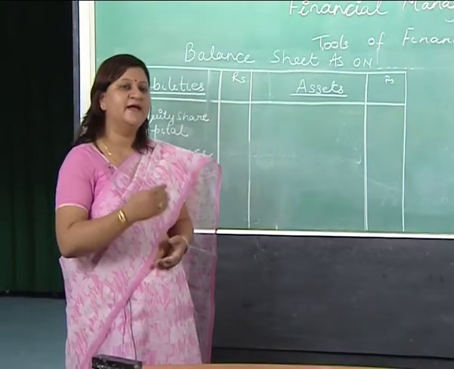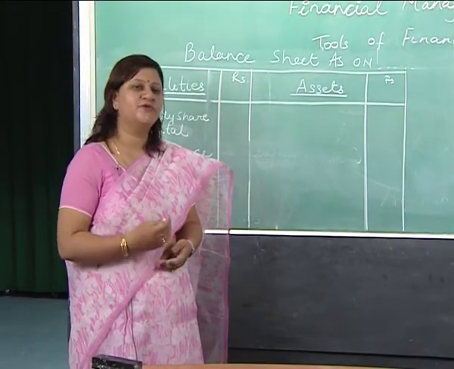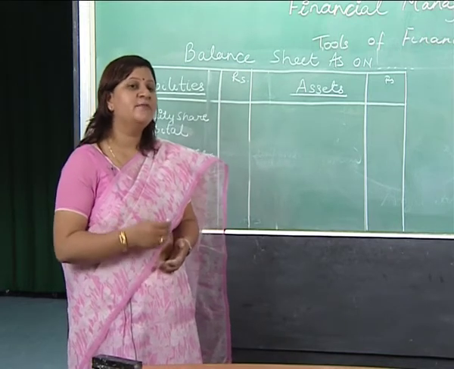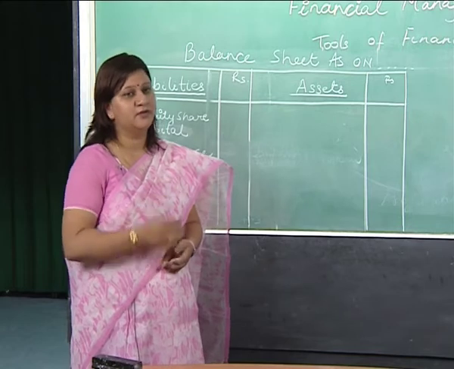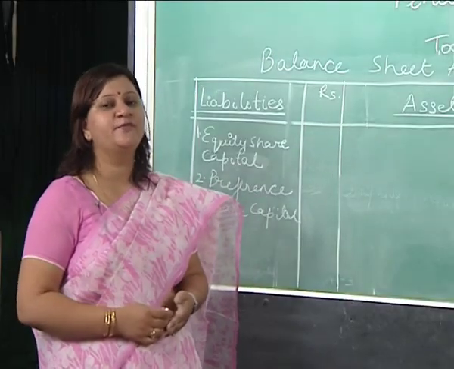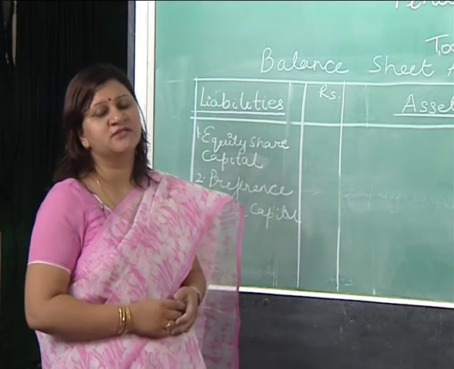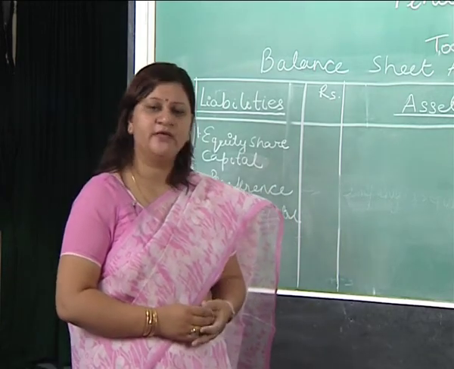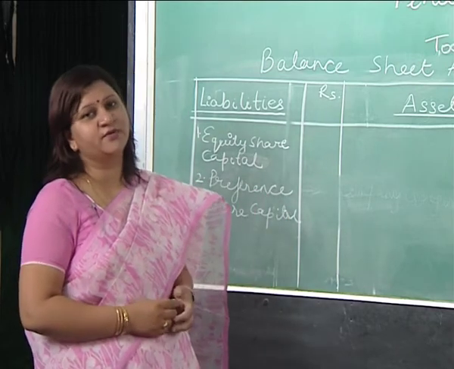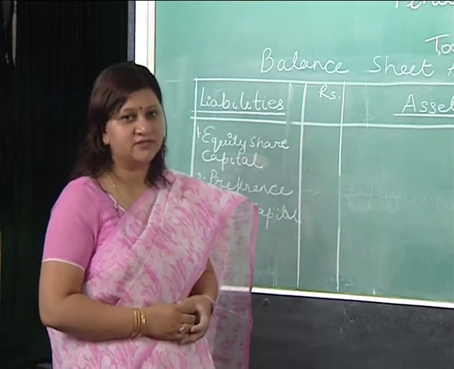That means they are getting dividend at the fixed rate and at the time of liquidation they are being paid in priority over the equity shareholders. Whatever is left after paying off the preference shareholders, that amount is to be paid to the equity shareholders. So they have preferential rights over equity shareholders.